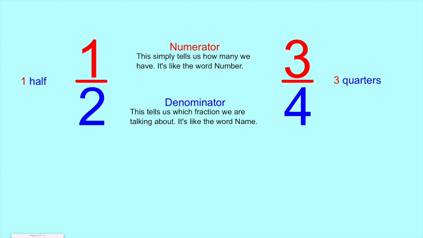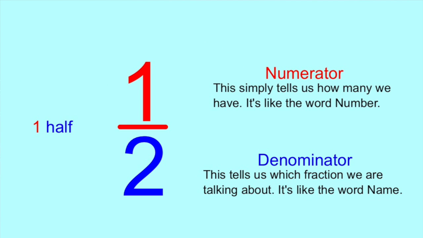Okay, so now let's have a look at a fraction in a bit more detail. Here's a couple of fractions, a half and 3/4, and you can see that they're made up of 4 individual digits. So let's have a look first at the half. With the half, the number on the top is 1 and the number on the bottom is 2.